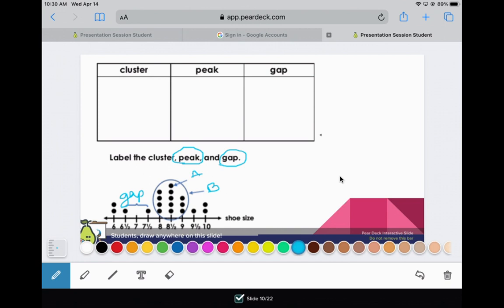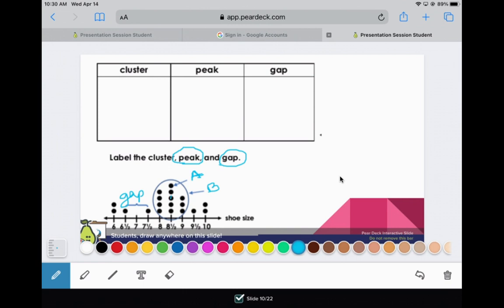But think about peak. Peak is the highest one, right? The top of something. So between arrow A and arrow B, which one seems to be higher, A or B? Okay, so I have a couple of you saying A and B. So B is pointing right here, and A is pointing to this stack.